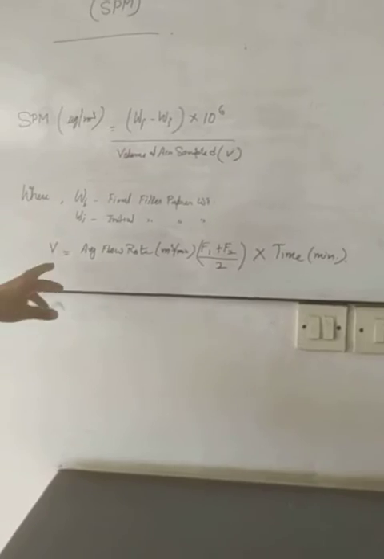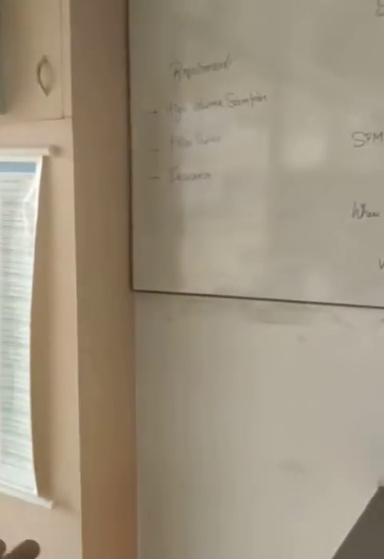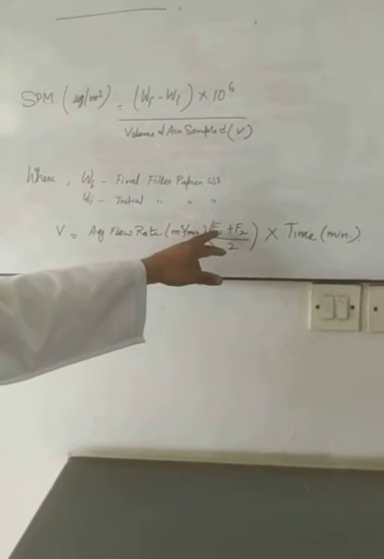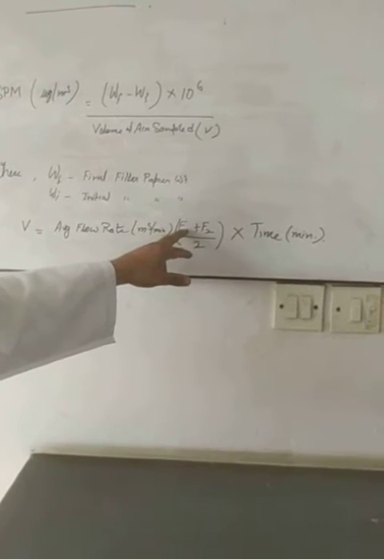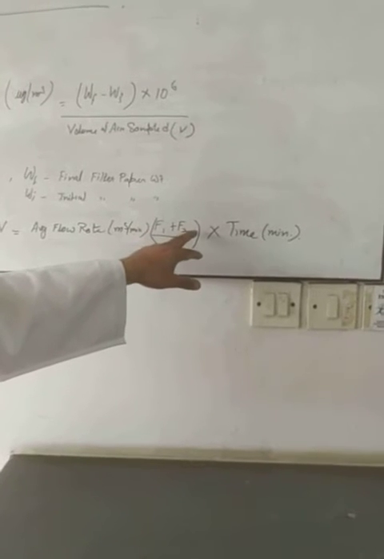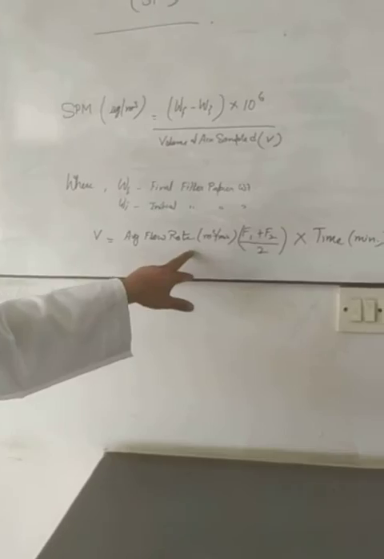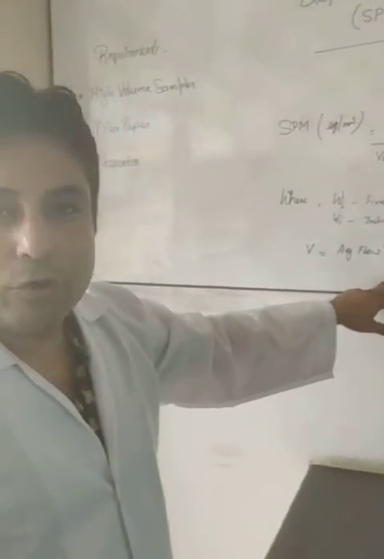First we calculate the average flow rate, which is the F1 or F2 value of the manometer reading: the initial manometer reading plus the final manometer reading, divided by 2. This is the average flow rate of our high volume sampler.